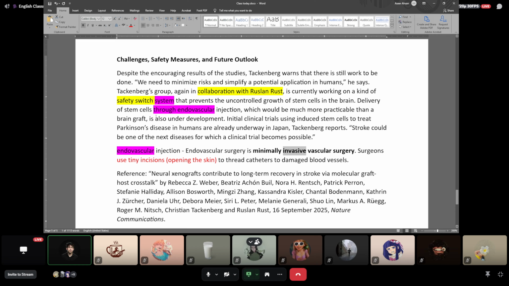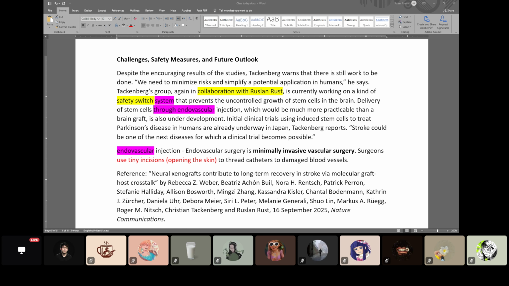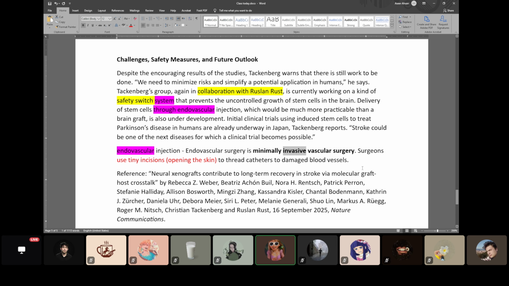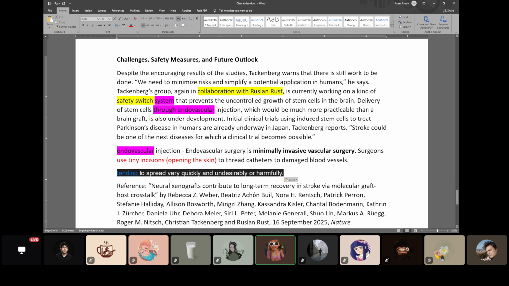So if there are any damaged blood vessels, they use the catheter to treat them. If they have any problem in the blood vessels, they open the skin, put the catheters inside to treat the patient. This is what I understood from this. Thank you so much.